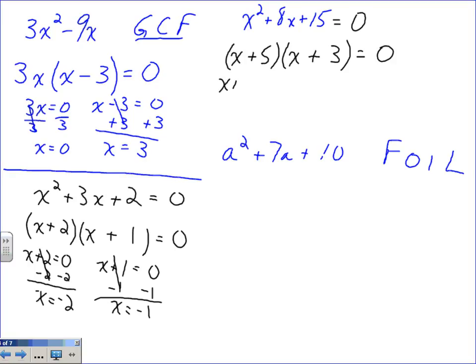So either x plus 5 equals 0, or x plus 3 equals 0. And I solve that by subtracting 5 from each side. And I'll get x equals -5. In the other equation, I'm going to subtract 3 from each side.